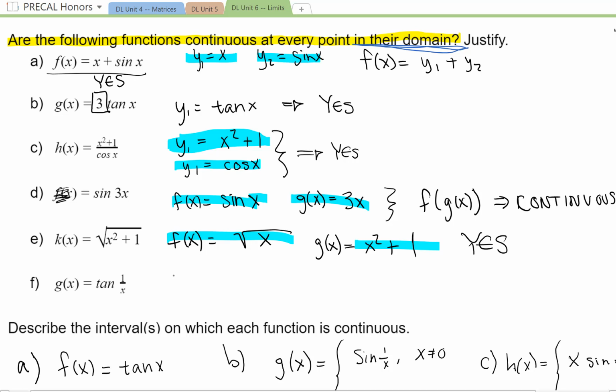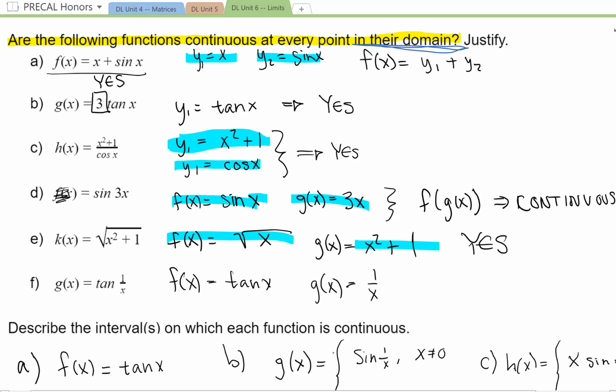Your outside function is tangent of x. Your inside function is the rational 1 over x. 1 over x has a vertical asymptote. Tangent also has a vertical asymptote. But anytime they don't have asymptotes, they are continuous.